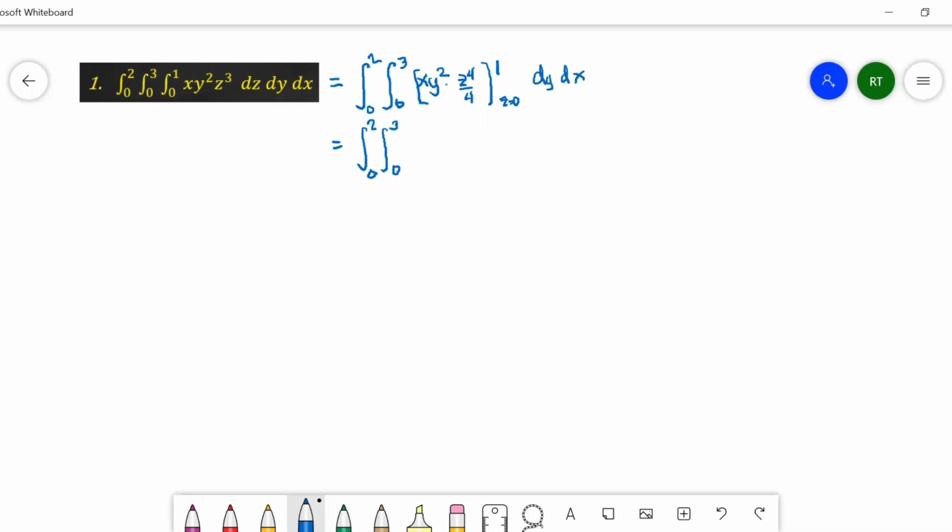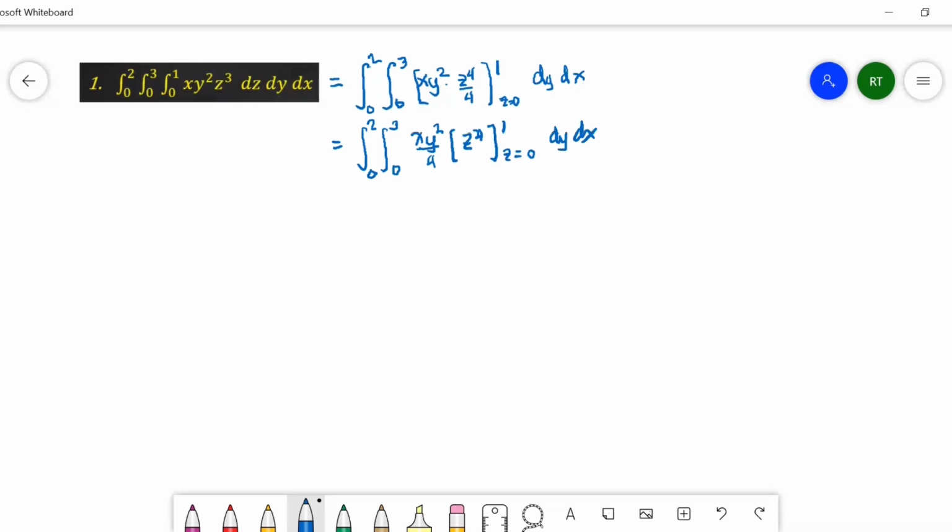Take note again that x y squared is constant, and we can write 1 over 4 here. What I mean is we can factor out x y squared over 4 and just evaluate z to the fourth from z equals 0 to z equals 1.